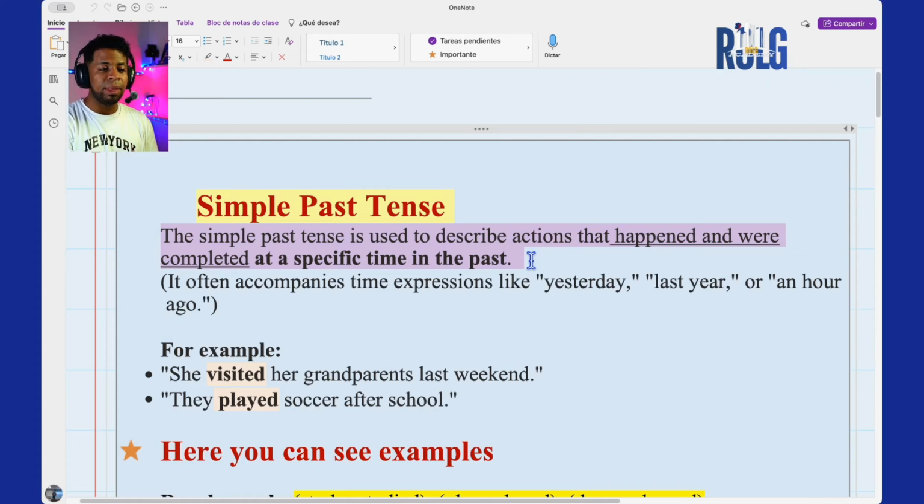Yeah? And for example, we have here, she visited her grandparents last weekend. When we say that, it's because it happened at a specific moment, on a specific day, and in a specific event. For that reason, this tense is called simple past tense.